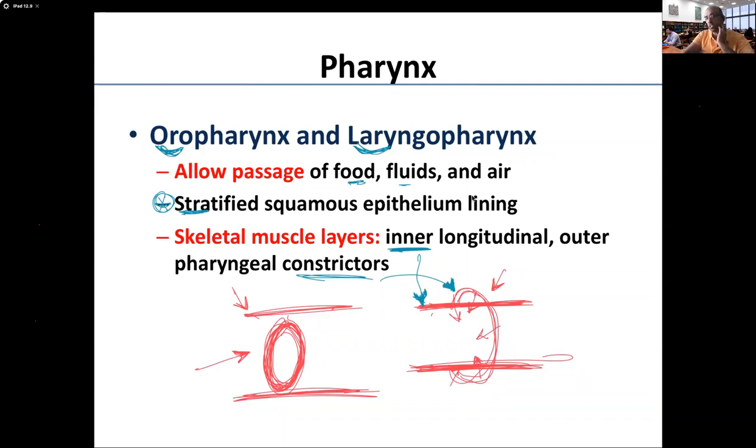So when do I contract my pharyngeal muscles? When I swallow, right? So how long do you swallow per day?